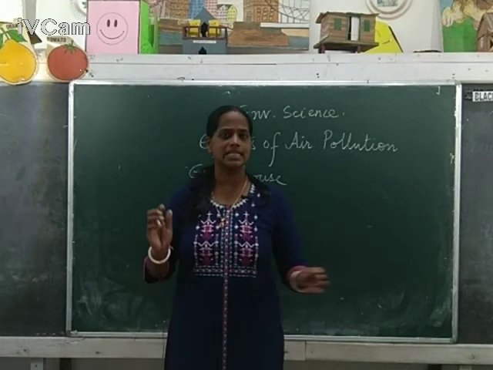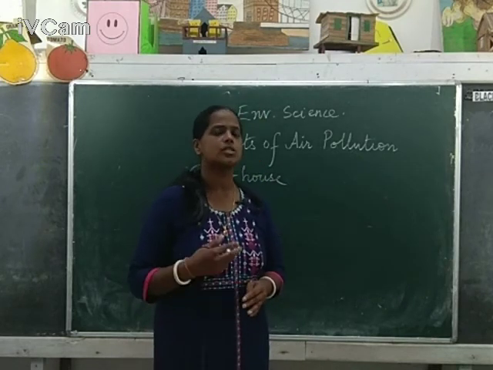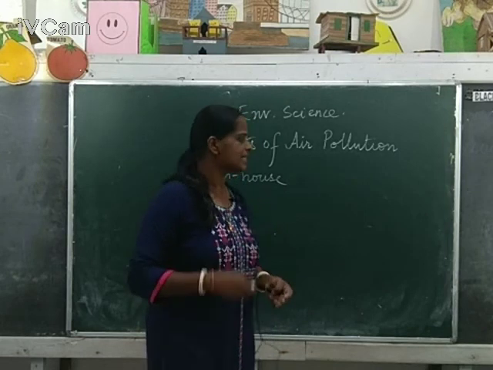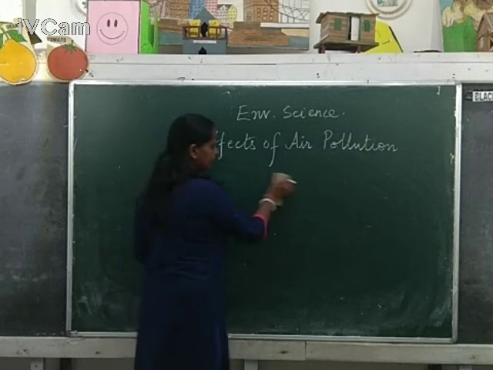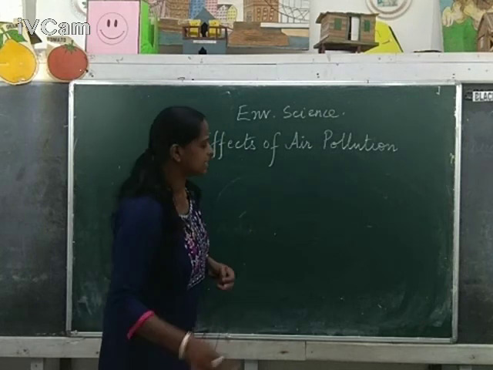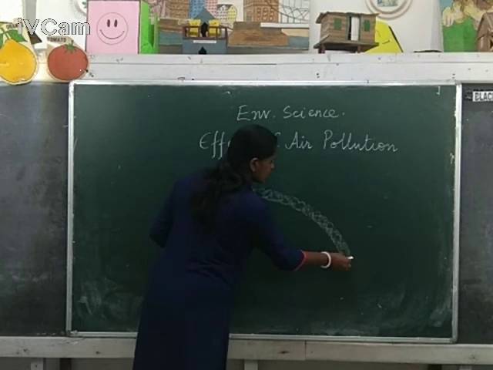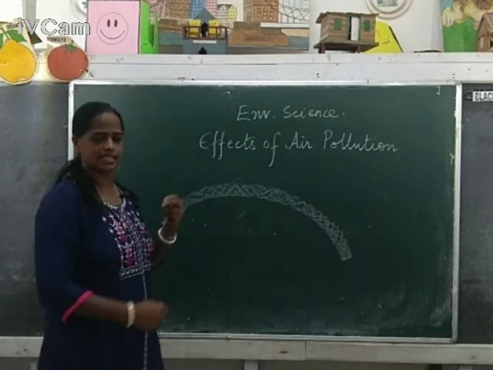Now we need to understand that a similar kind of phenomenon is today taking place in our environment too. Please look at the figure that I am making for proper understanding of the topic. What has happened is, in the troposphere, we have a blanket of gases.